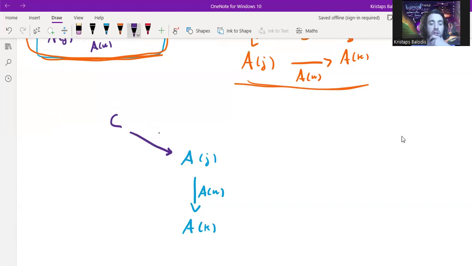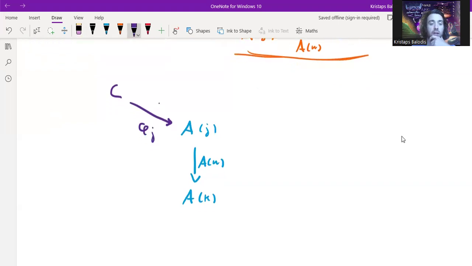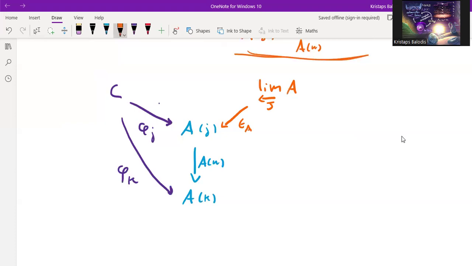Doesn't really matter. Here's my phi j. Here is my phi k. And I've got over here lim, going backwards, j of A. And I've got my map epsilon A j, and my map epsilon A k.